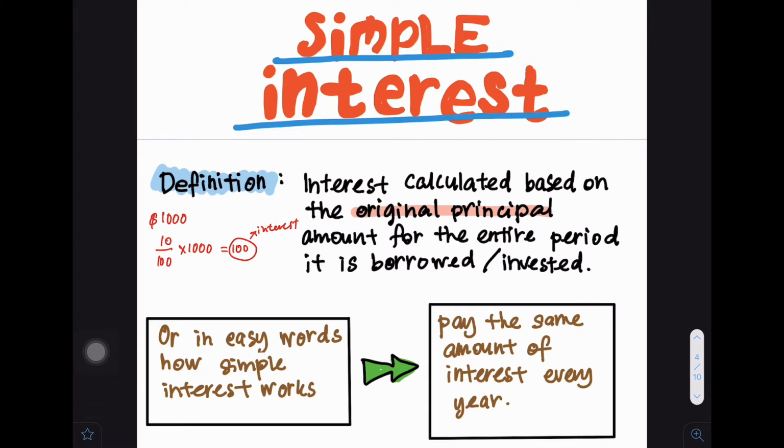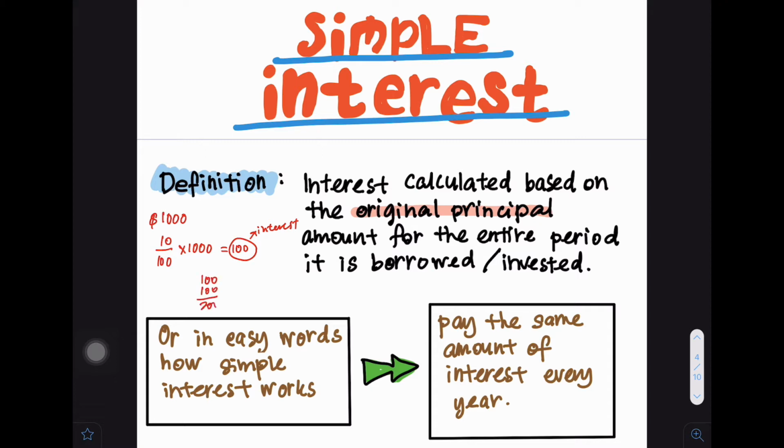Okay, so apa maksud simple interest? Simple interest ni maksudnya kadar interest yang dikenakan kepada seorang peminjam ataupun pelabur sama selama mana dia buat pinjaman ataupun pelaburan. Contohnya kalau macam Alex pinjam setahun, so interest dia 100. Kalau Alex pinjam 2 tahun, interest dia akan jadi 200. Kenapa? Sebab 100 tahun pertama, tahun kedua pun 100.